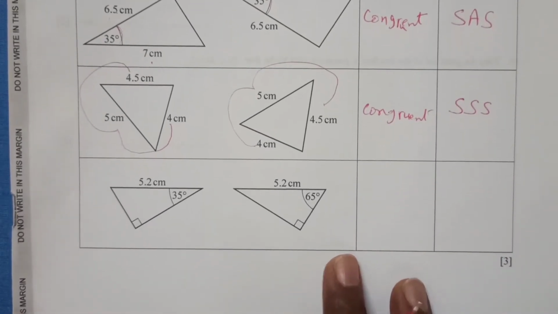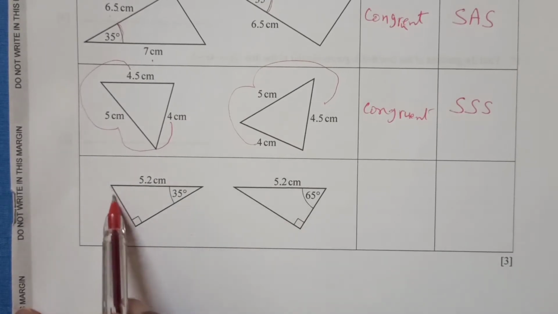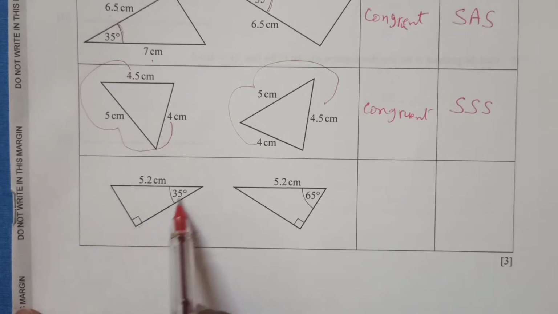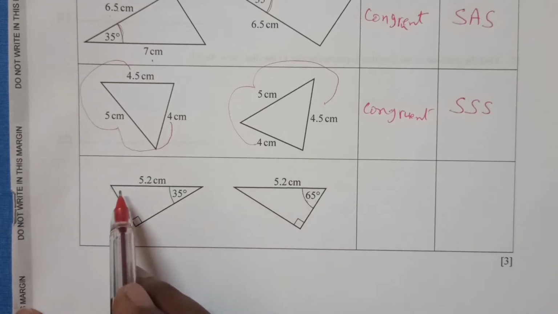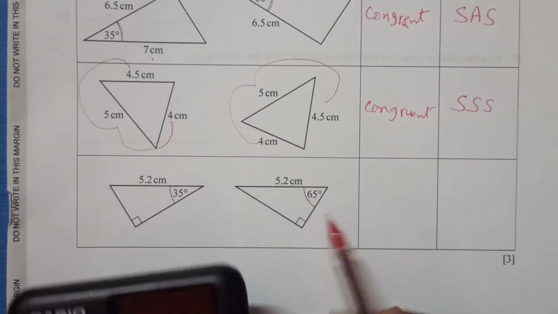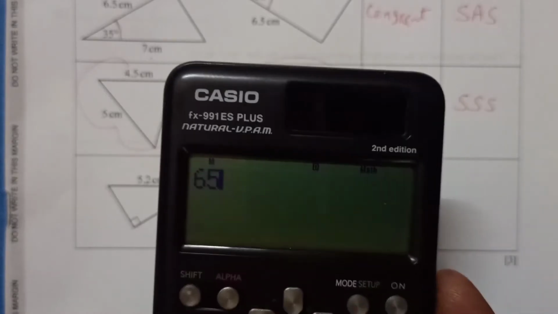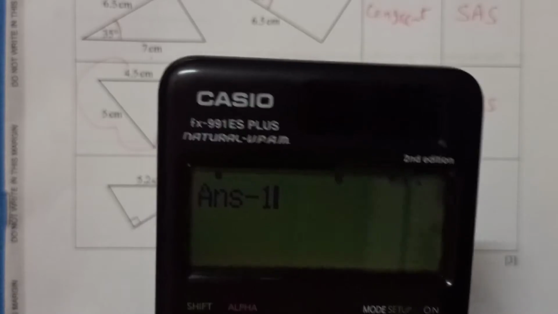Now the last one, we have this angle 90, and then this side is not given and this side is also not given. We have 35 and 65. So now this is 65, so maybe this angle can also be the same. Let's just calculate that one. So we have 65 plus 90, then 180 minus that.